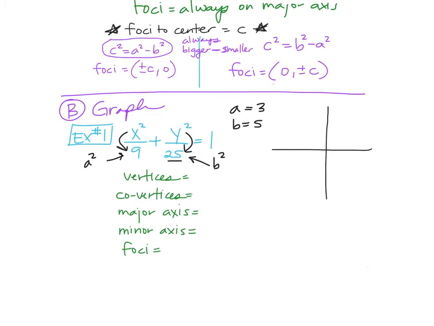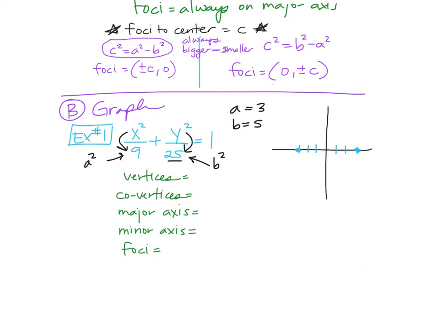So on your x-axis, we are going to go 3 to the right, 1, 2, 3, and 3 to the left, 1, 2, 3. Okay. On your y-axis, our b is 5.